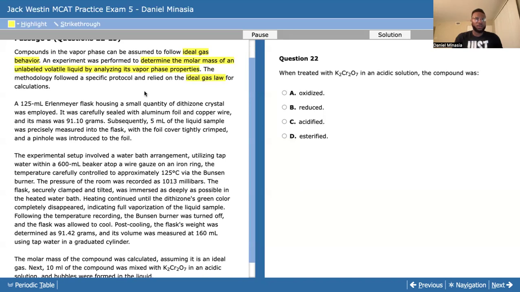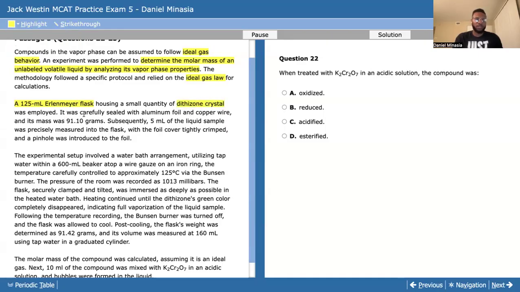All right, moving on. A 125 milliliter Erlenmeyer flask housing a small quantity of dithiazone crystal was employed. So a 125 milliliter Erlenmeyer flask, we might need that for a volume calculation. The dithiazone crystal is probably either an indicator or a catalyst.